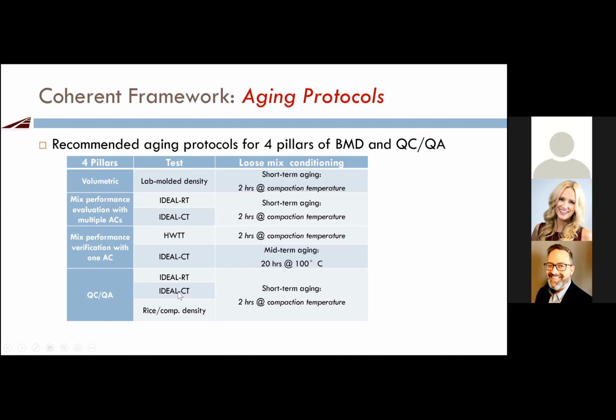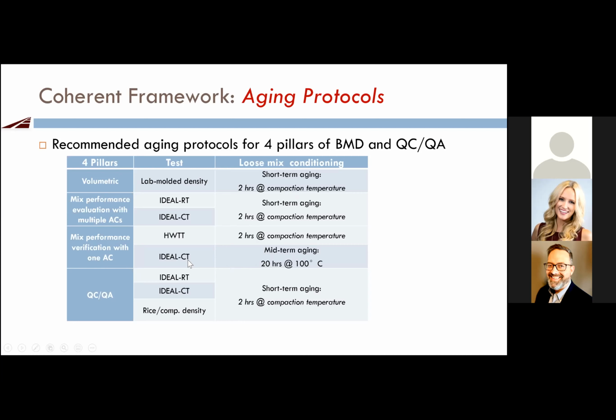For the QC/QA process, again, it matches 2 hours at compaction temperature. So you can see it's very consistent. We use 2 hours at compaction temperature for volumetric design, performance evaluation, QC/QA, and also performance verification with Hamburg. Only for the somewhat longer mid-term do we use the IDEAL-CT.